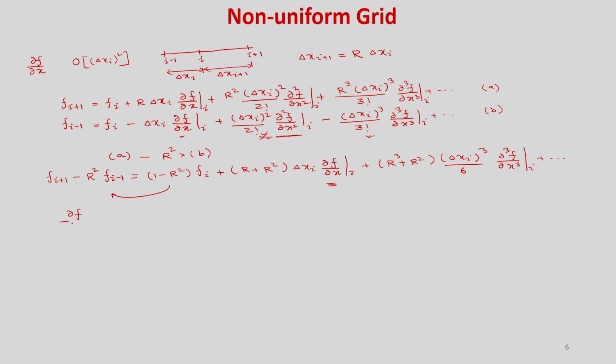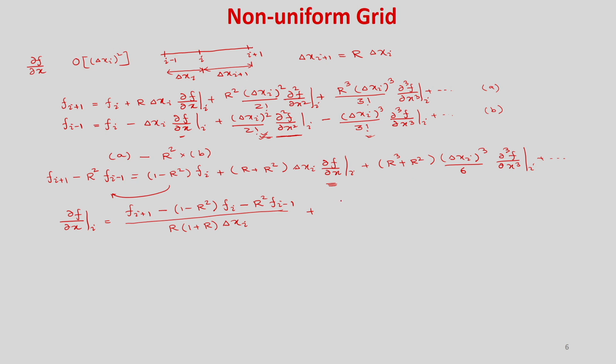Del f by del x about i will be f_{i+1} minus (1 minus r square) f_i minus r square into f_{i-1}, and you are dividing by r into (1 plus r) into delta x_i, and the term will be here.